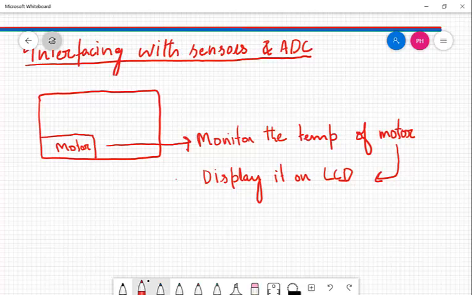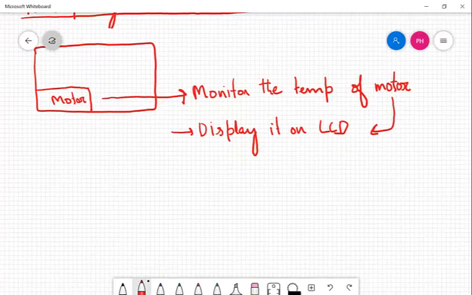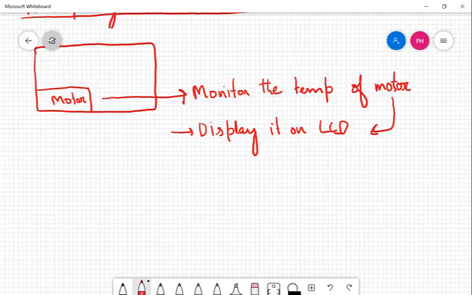At the same time, there are certain things that we know. For example, first thing we know that the temperature of motor is never less than room temperature. It's never less than, for example, 25 degrees Celsius.